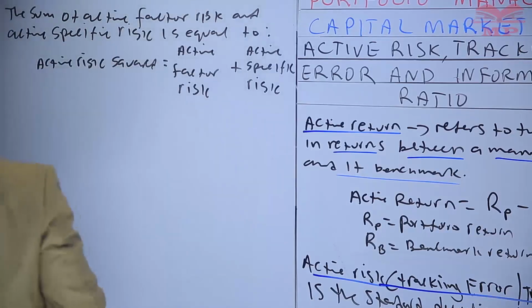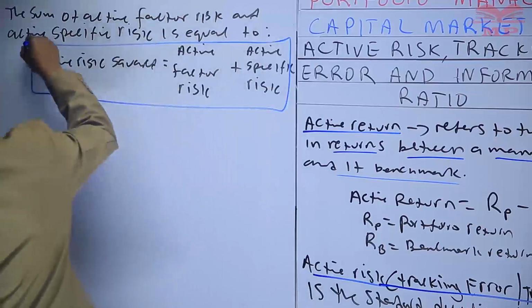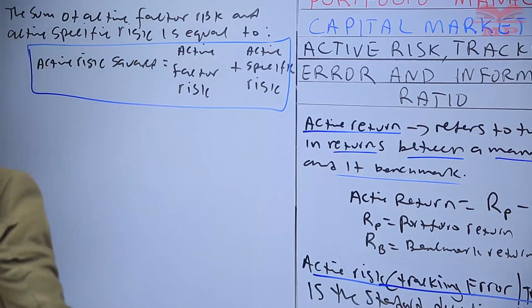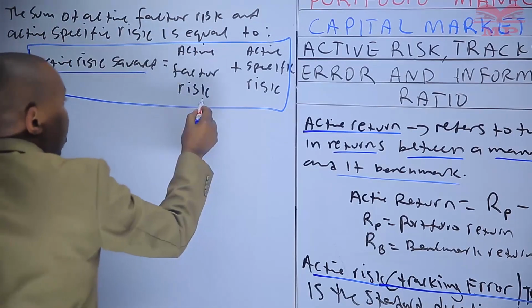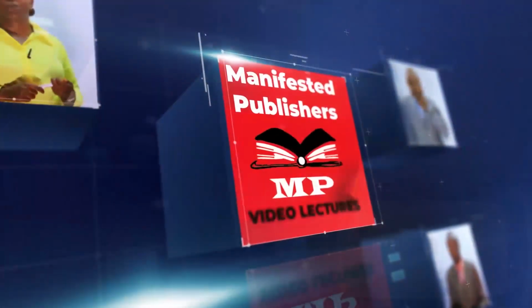So this is a very important equation. You're saying that the active risk squared is active factor risk plus active specific risk.